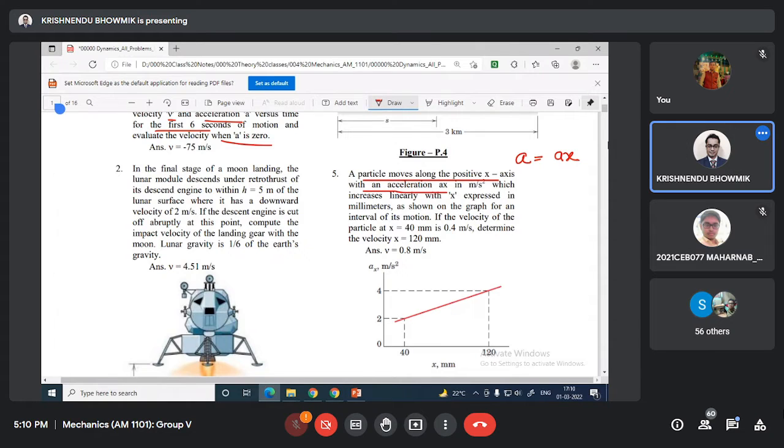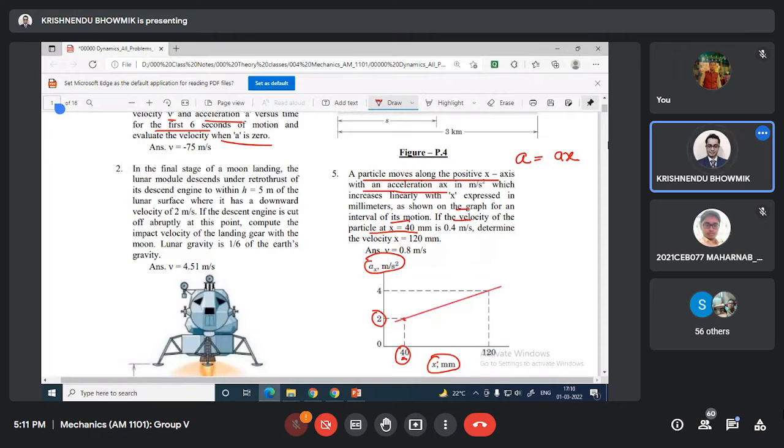As shown in the graph, x is in millimeter. For the velocity of the particle at x equal to 40 mm, the acceleration is ax meter per second square. When it is 40 millimeter distance, the acceleration is 2 meter per second square.